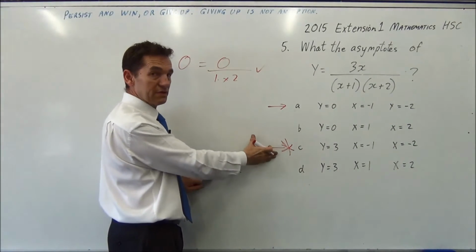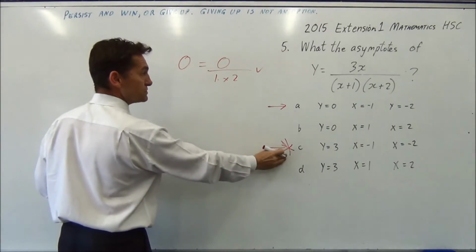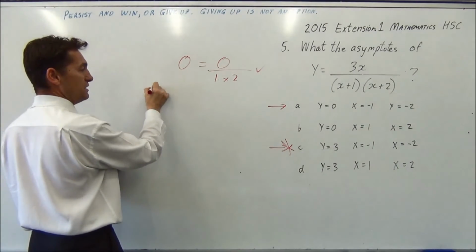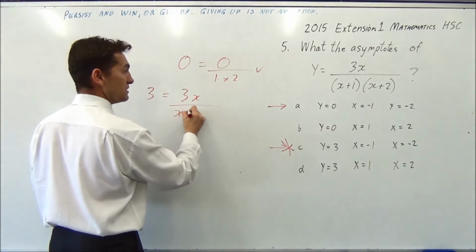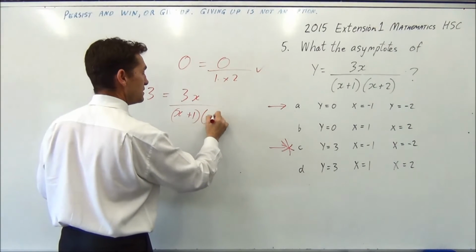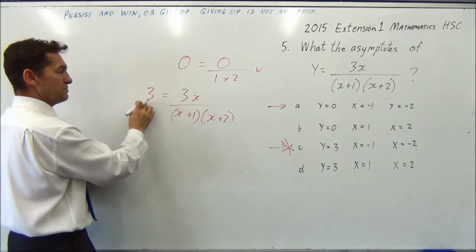If you weren't thinking like that, if you wanted to prove it, you could actually say, okay, I want to make sure that that's the asymptote, so I'm going to put in 3 equals 3x over x plus 1, x plus 2, multiply this up here and divide by 3 on both sides.